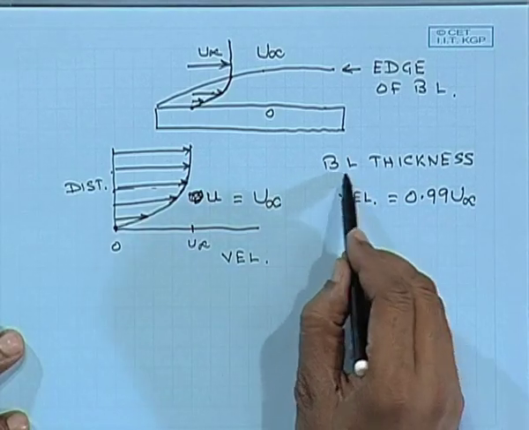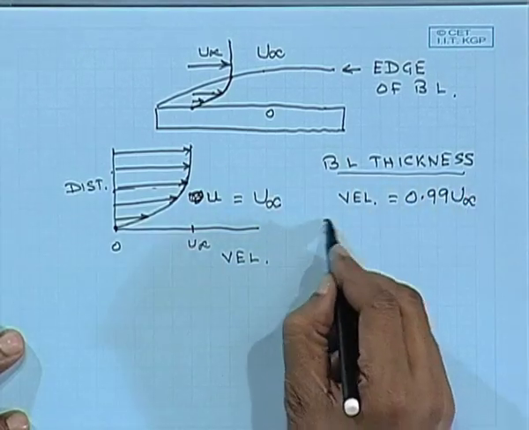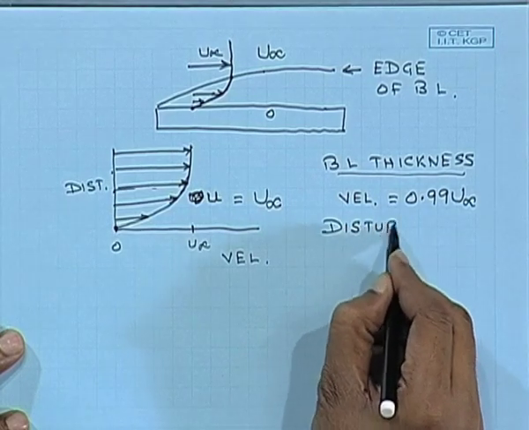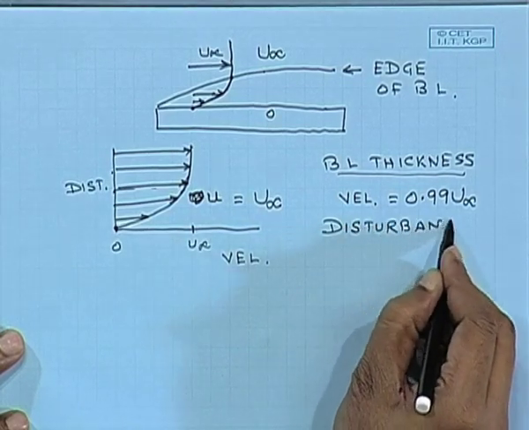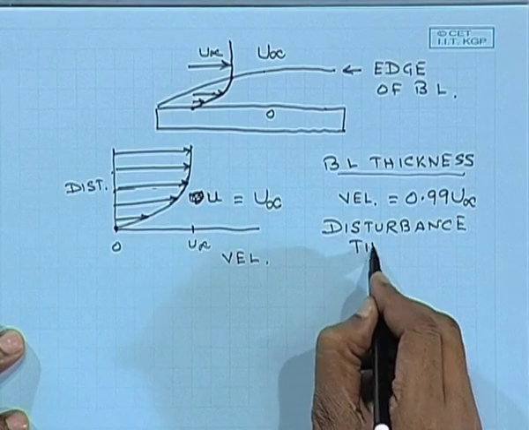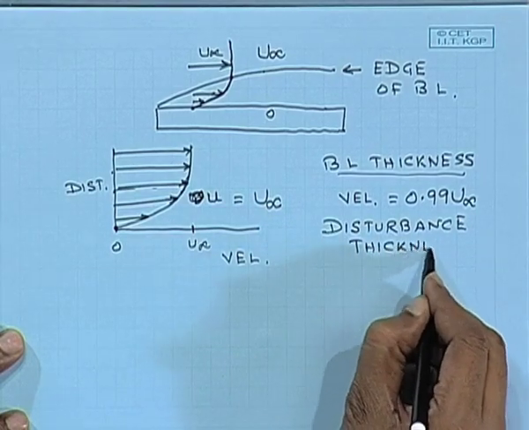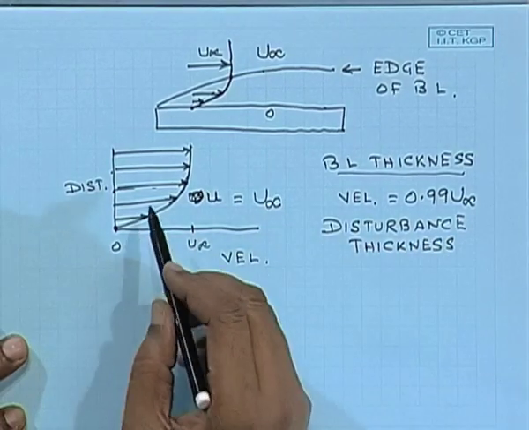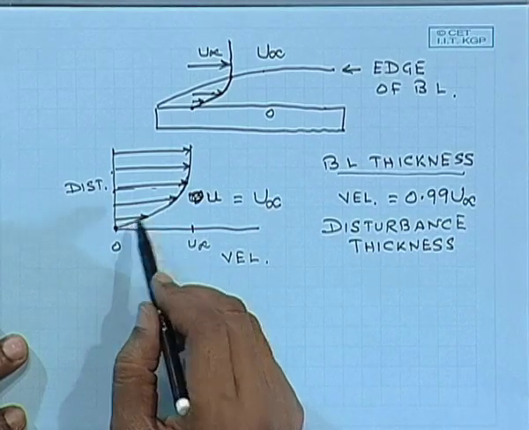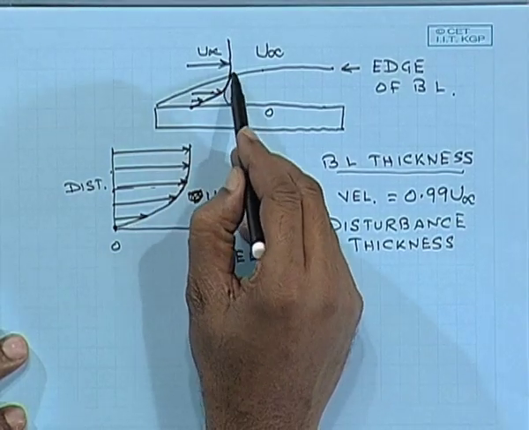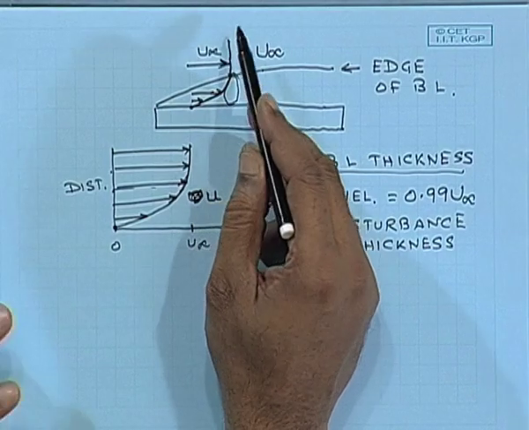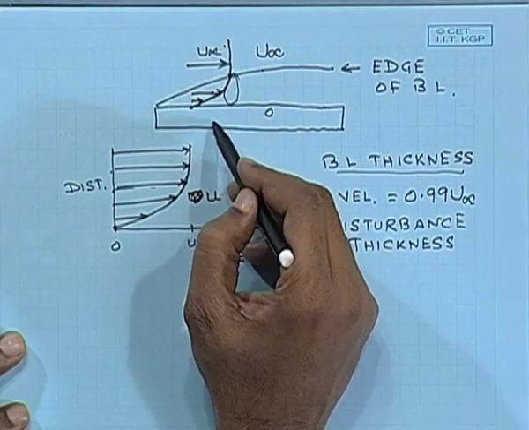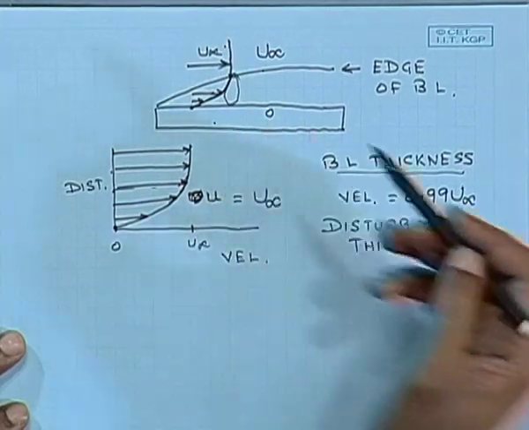Another common name for boundary layer thickness is disturbance thickness. So you can see that any kind of disturbance due to viscosity is going to be confined within this region. Anything beyond this, the fluid doesn't know that a solid plate exists here.